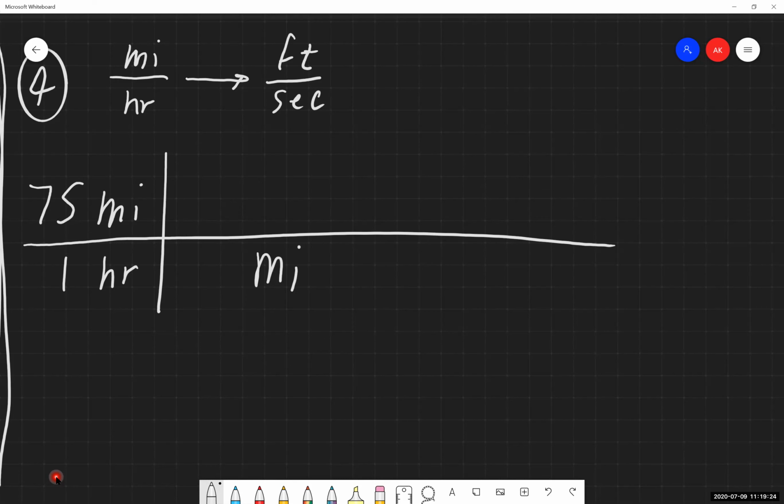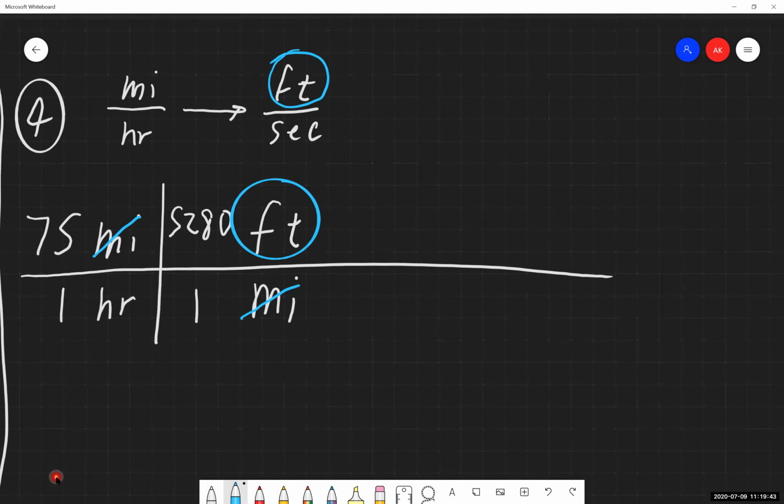So miles to feet. And 1 mile, 5,280 feet. So the miles cancel. I'm in feet in the numerator spot, which is exactly what I wanted to be in the overall problem up here. So excellent. I have the numerator of this thing completely done. I don't need to worry about that anymore.